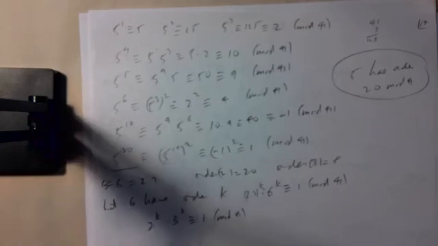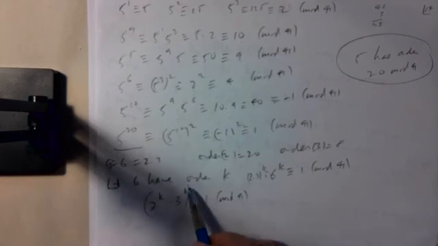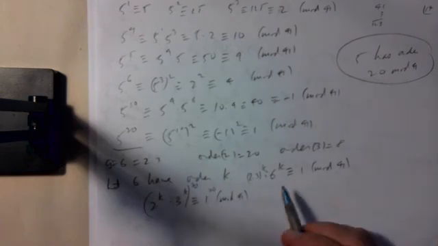So I'm trying to avoid doing a lot of calculation. I'm not sure I'll be able to. Suppose I raise everything to the 20th power. If I raise this to the 20th power, that's this to the 20th power, which is still 1.